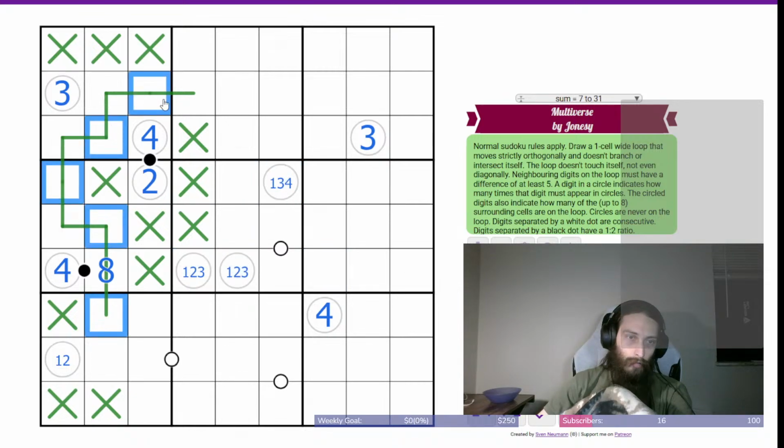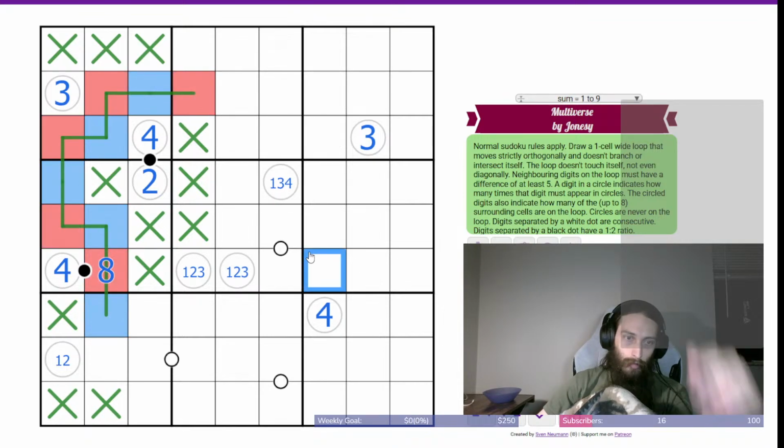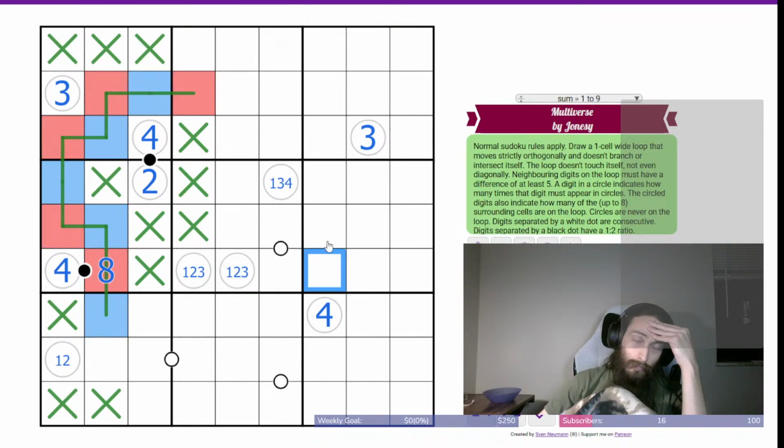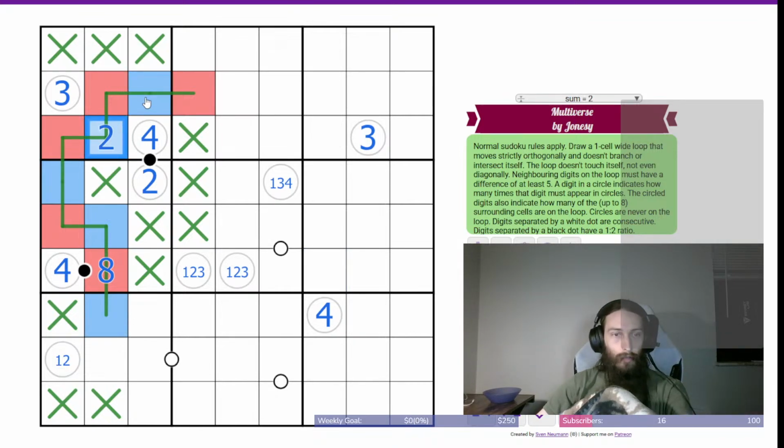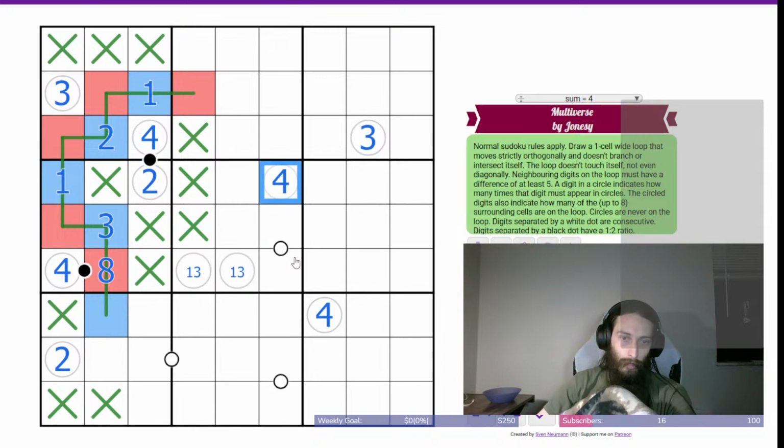But these have to be low digits, and these ones high digits. Well, that's 2, that's 1. That's 3, that's 1. Which makes this 2. So then you can't put 2 in there, so that's 4.